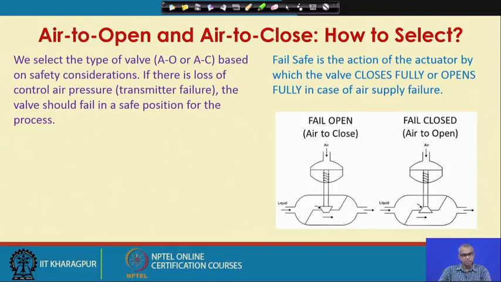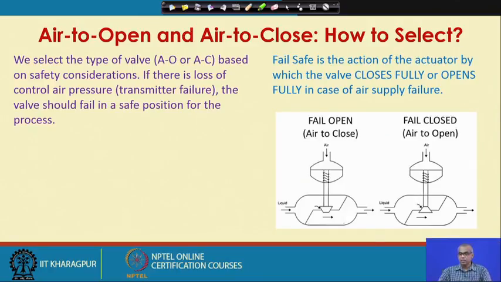In that case, the valve should fail in a safe position for the process. That should be our objective. In case of a failure, the valve should fail in a position which is safe for the process.